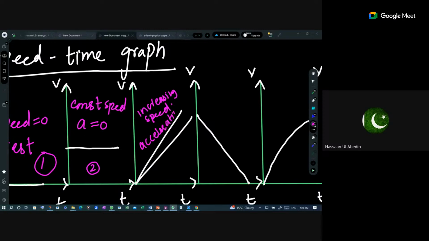Actually it is uniform acceleration, because its gradient is constant. Its gradient is constant. So you know the speed time gradient is acceleration. So it has uniform acceleration.